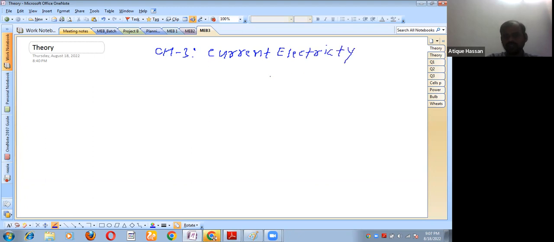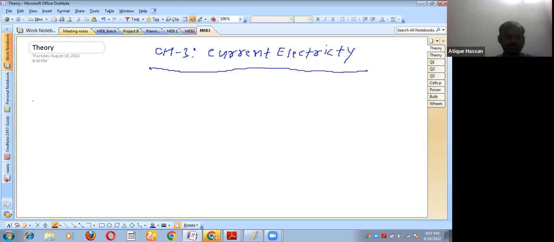Right? So in current electricity, charges will not be static. Charges are moving, which will lead to current, right? Any moving charge, if there is a net charge flowing in any direction, we can get a current.